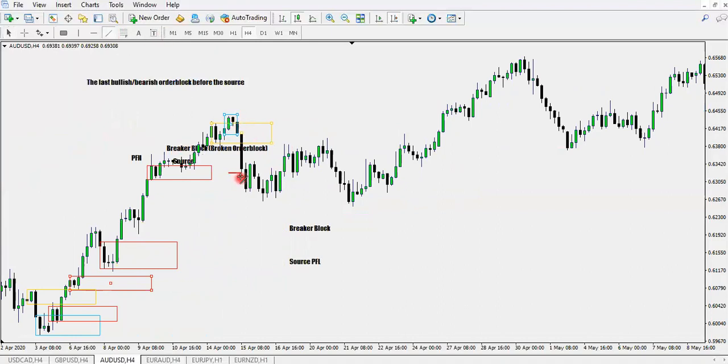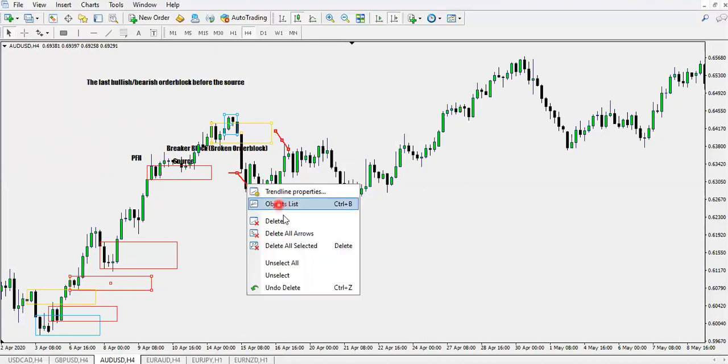So you can see that although price came here and stopped, at some point we like price to come into either our breaker or even into our source to test it, because that is a good sign that the market will reject if it bounces off of our source or off of our breaker. So we would expect to see a rejection off of our source or off of our breaker over here. So we can follow that and see what happened here.